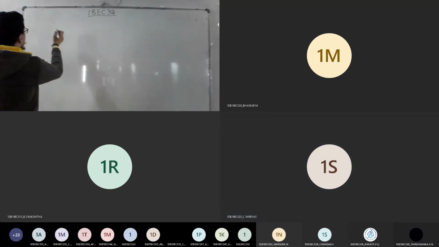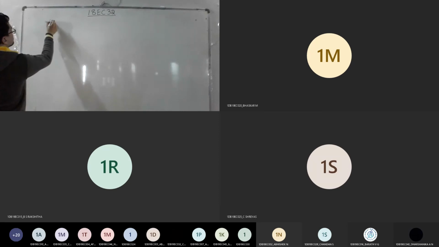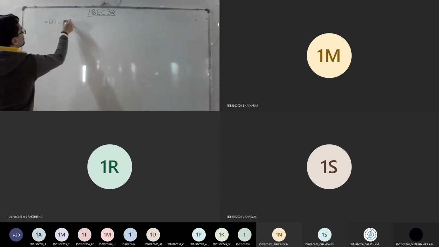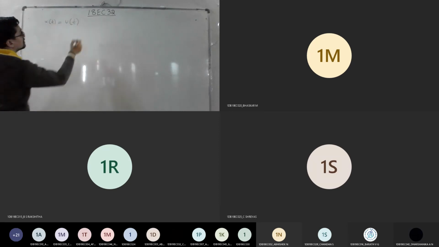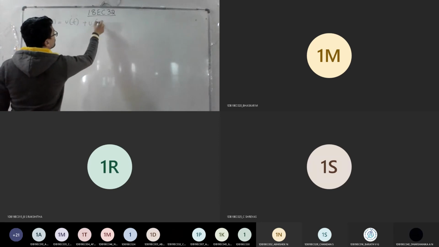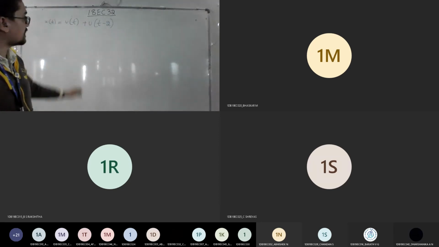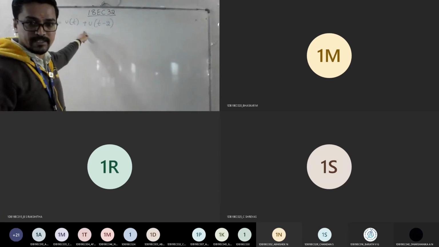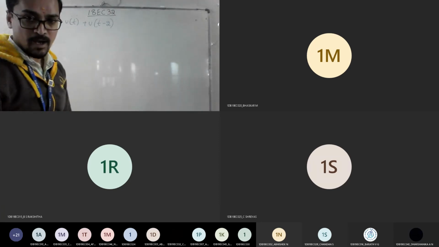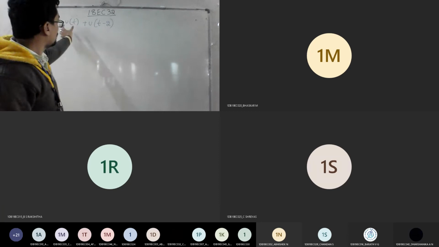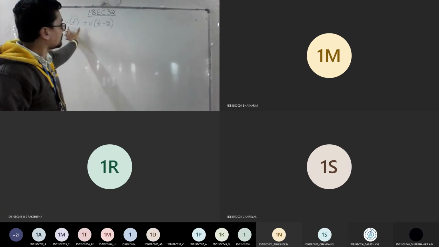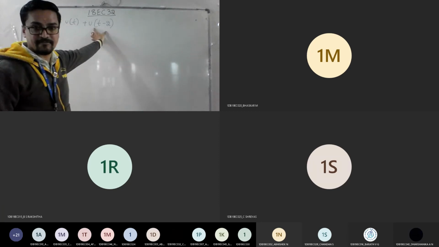Now assume that x of t is given like this: u of t plus u of t minus 2. Whenever they give an equation like this and ask you to write a waveform, how will you plot? Here u of t is the first function, u of t minus 2 is the second function.